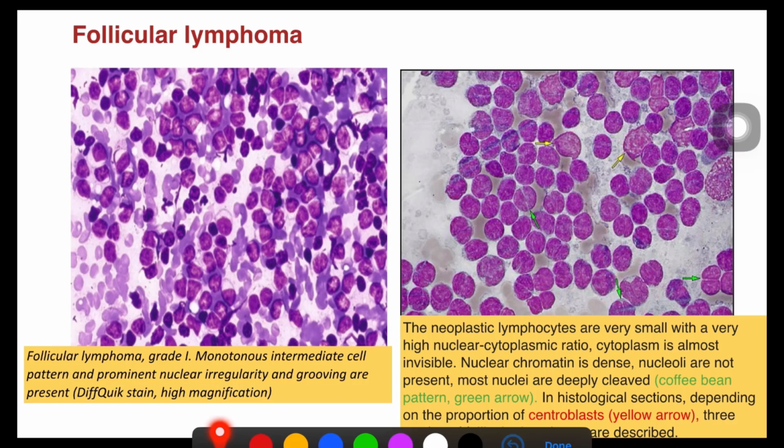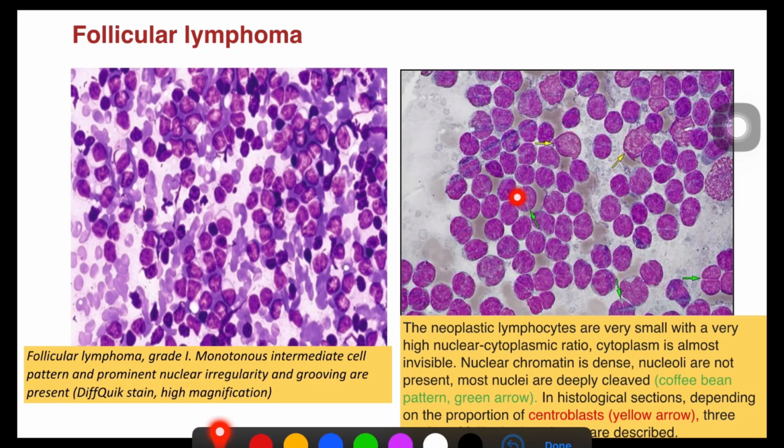Here, monotonous intermediate cell pattern and prominent nuclear irregularity. So you can see nuclear irregularity in most of the cells. These are the small cells, and the large population is of this medium size pattern. And here we can see these arrows show larger size.